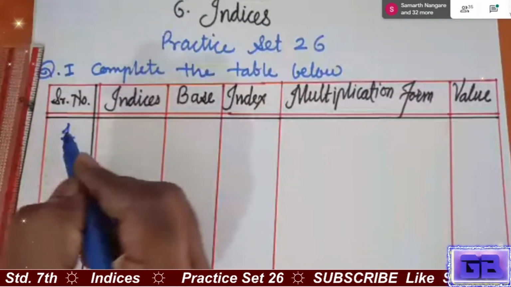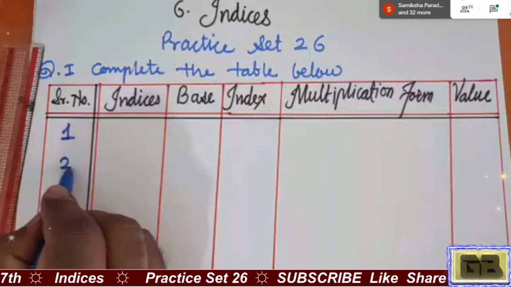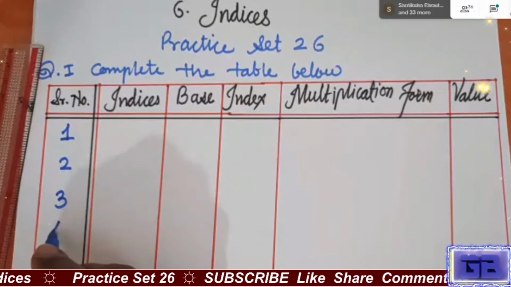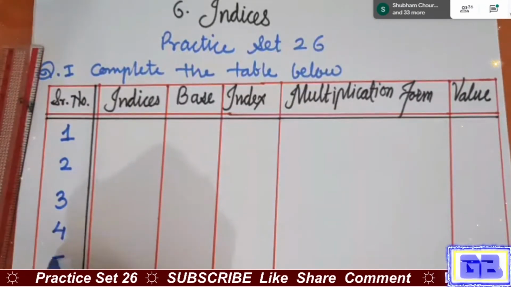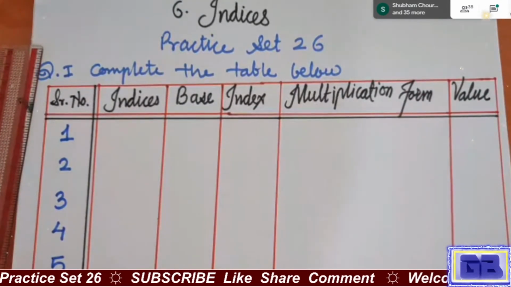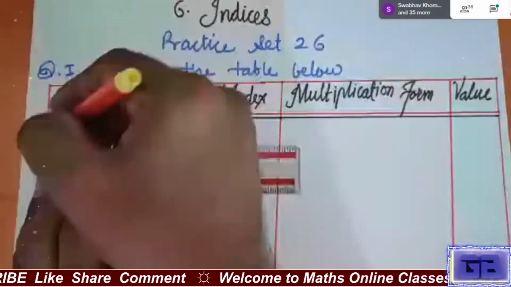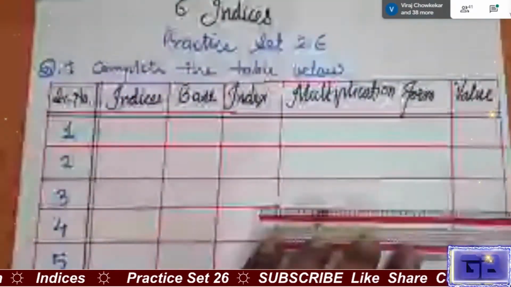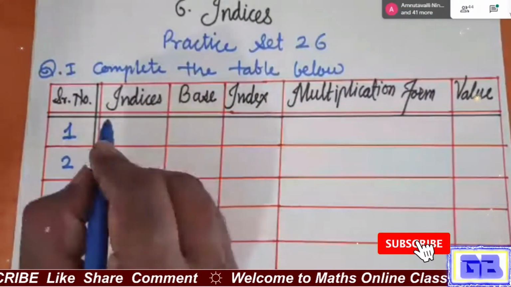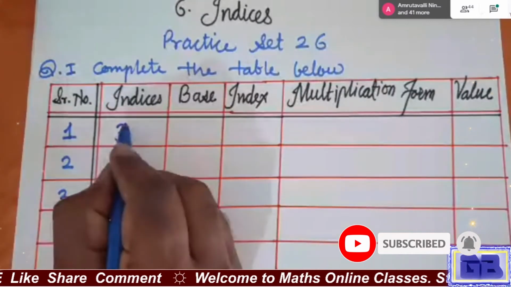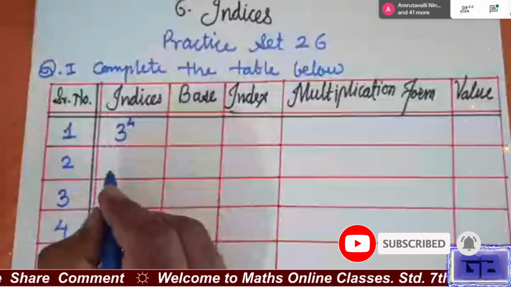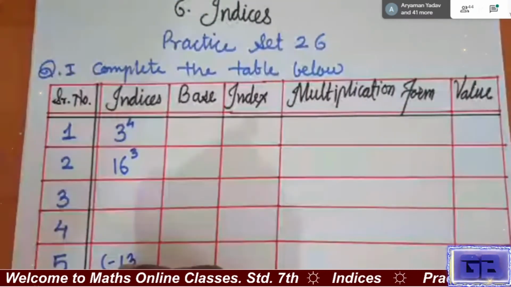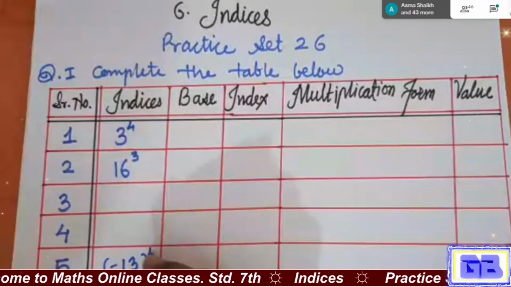Number 1, 2, 3, 4 and 5. It is given here 3 raised to 4, 16 raised to 3, negative 13 raised to 4.